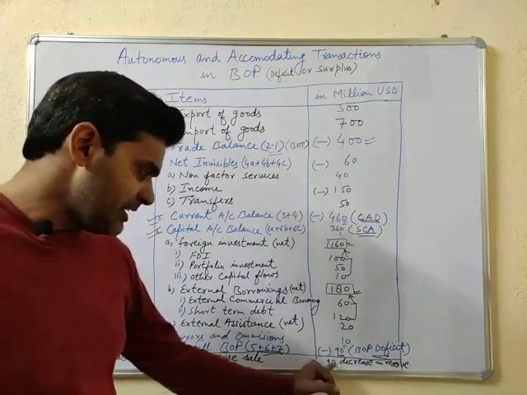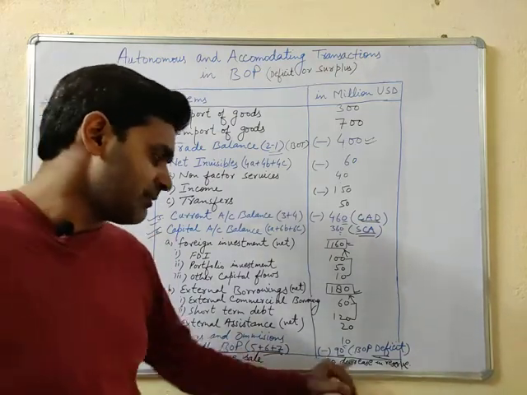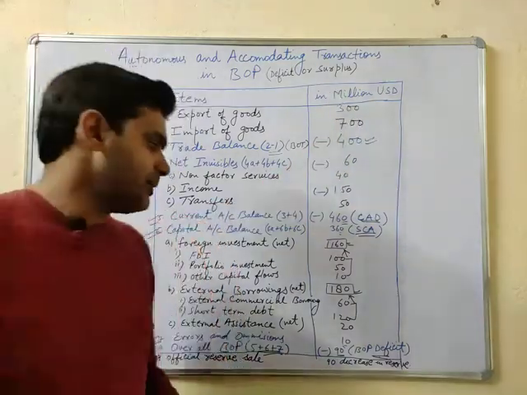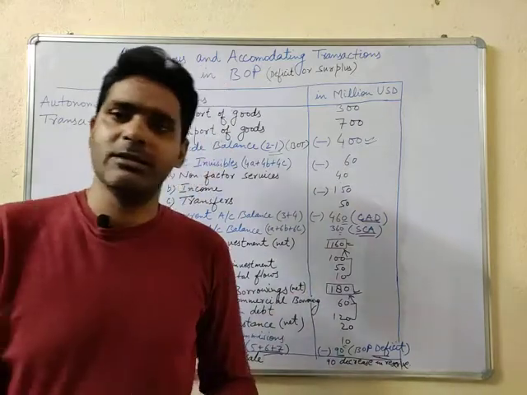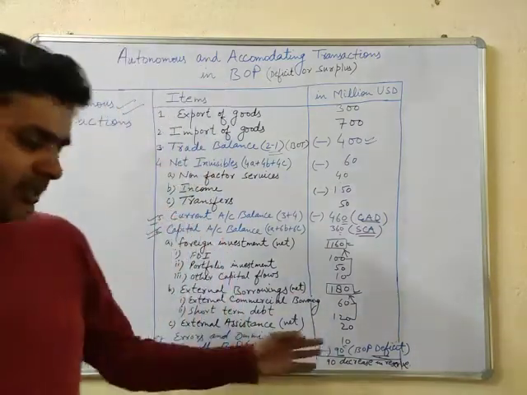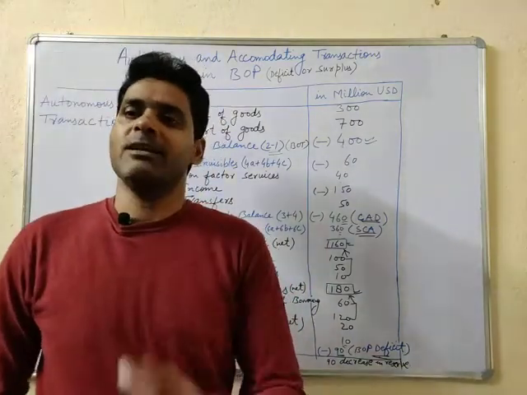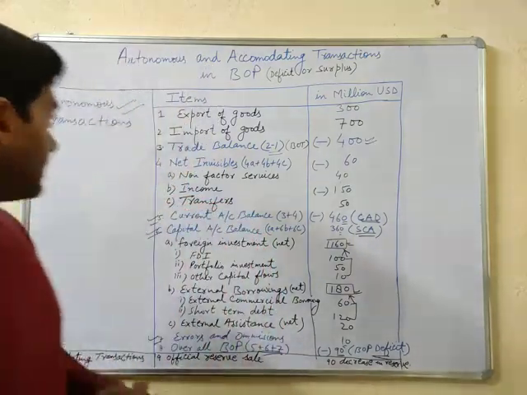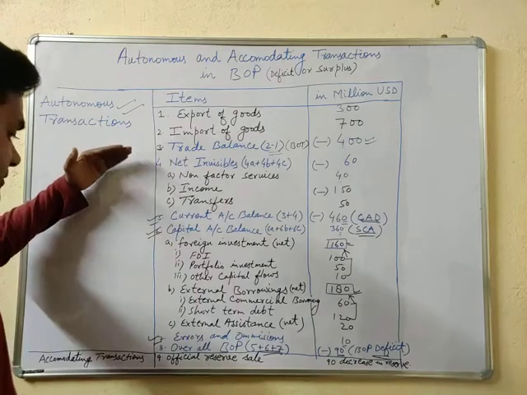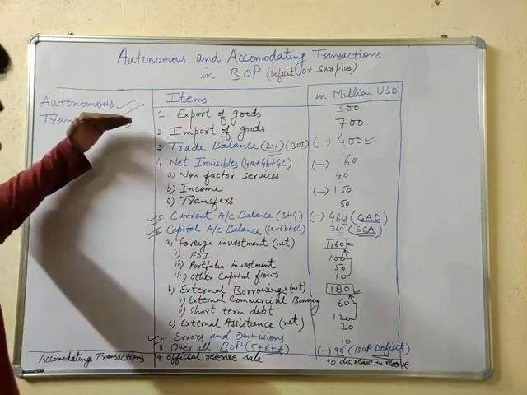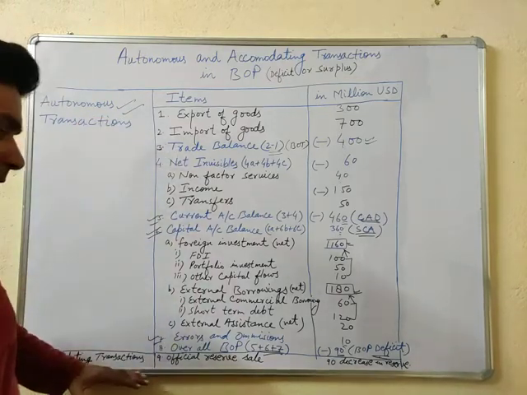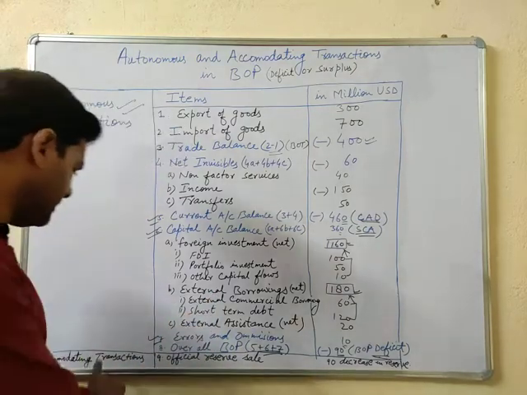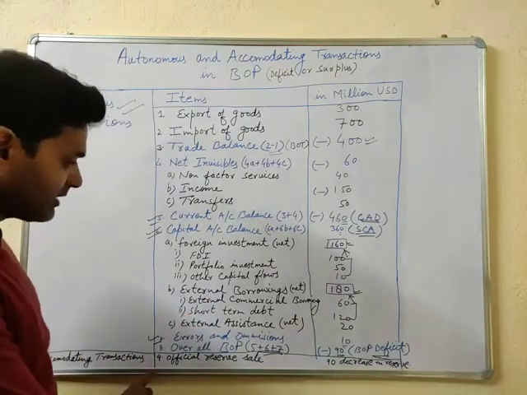So it will decrease its official reserve by 90 million US dollars, because 90 million US dollars is the amount by which the country's BOP is in deficit. Okay, so now these are the transactions which can be categorized: the autonomous transactions and the accommodating transactions. This transaction, the official reserve sale, is categorized as an accommodating transaction.